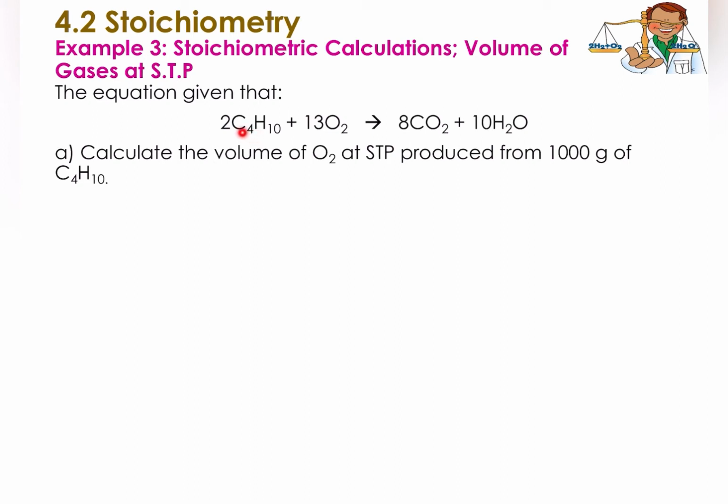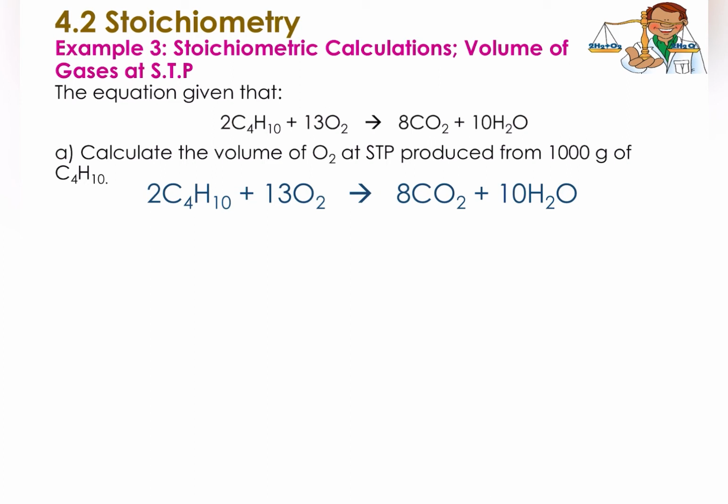As I can see here, I got 8 carbon, and here I got 8 carbon, then I got 20 hydrogens here and 20 hydrogens there, and I got 26 oxygen, and 16 plus 10, also 26 oxygen here. So it's balanced. Now I'm going to copy the equation back in my answer scheme.